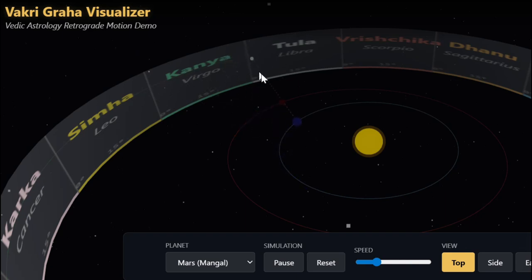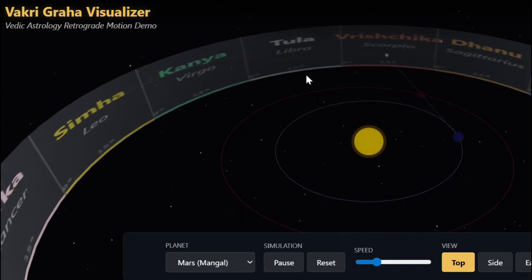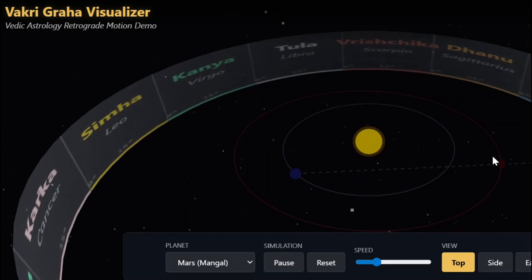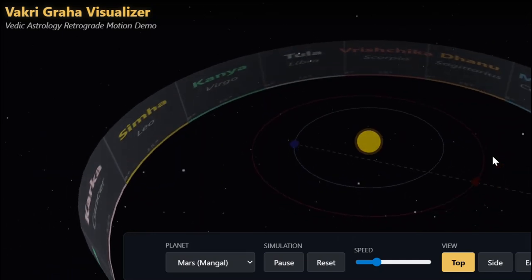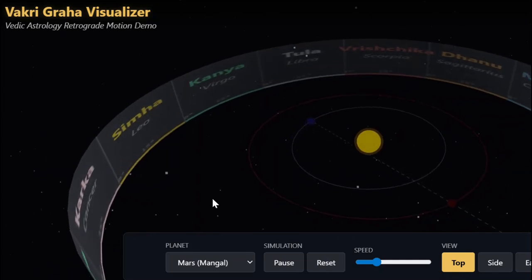This is what we will see from Earth. I think I should have made it a bit darker. Just check this white line which it is making on the zodiac.